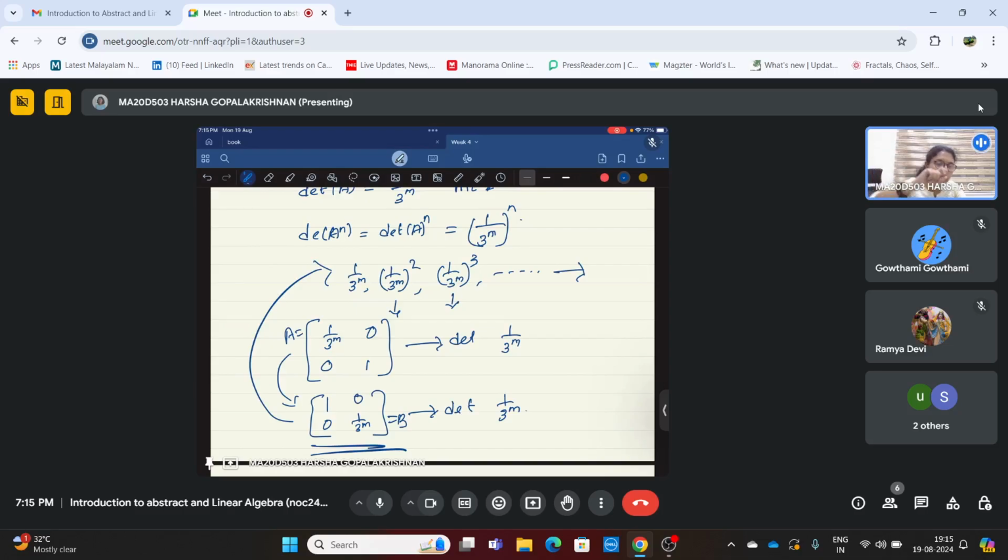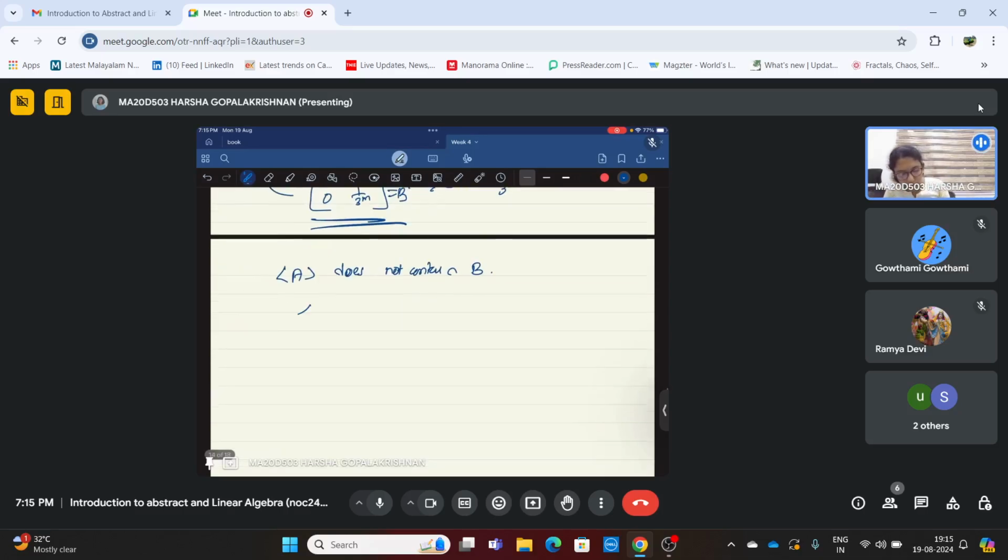Okay, but it is contained in H. So the generator of a is not equal to H. This is true for all a in H. So I hope you understood the concept here.